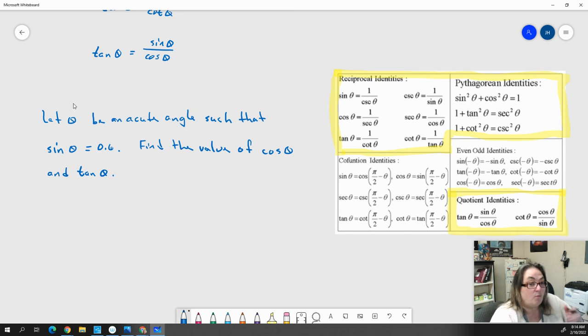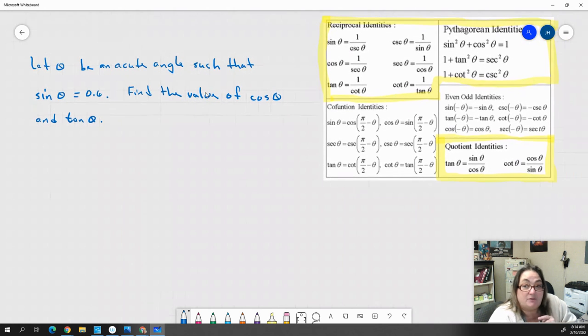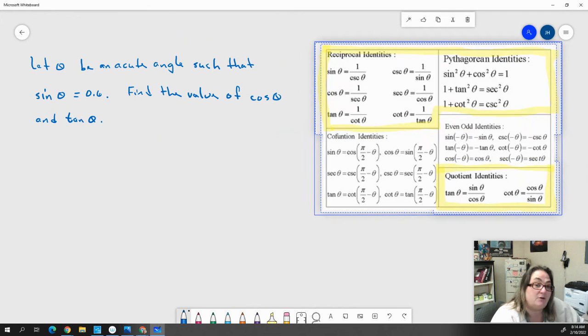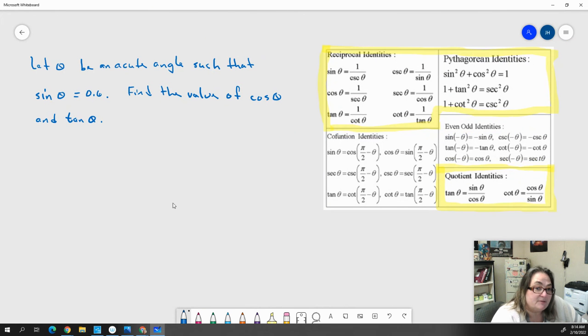So we have one piece of information, right? We know what sine of theta equals. So let's start with cosine. We want to find the cosine of theta first. So what do I know about sine and cosine? Do any of these work where they're just sine and cosine equal to something?